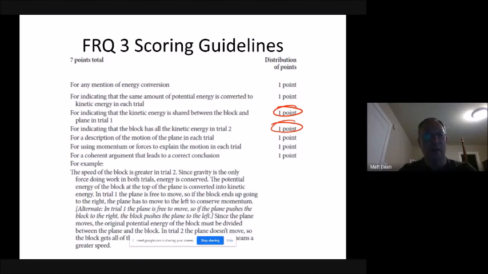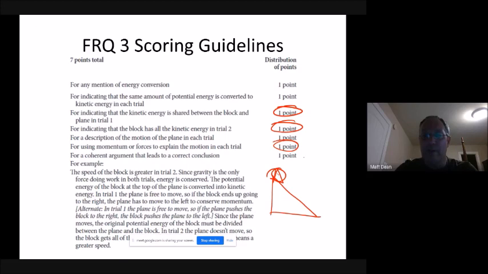So you could talk about in trial 1, the plane is going to move backward to the left because the box is moving to the right. And then in trial 2, the plane isn't moving because it's fixed. You could explain why the plane is moving backward if you talked about momentum. In trial 1, we started with the box up here on top.